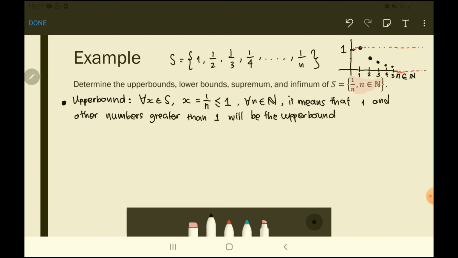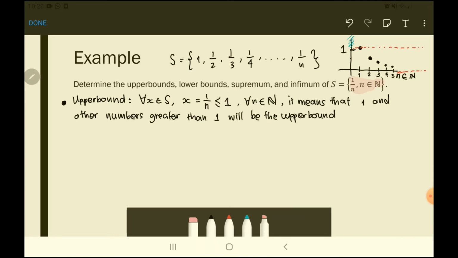If you look again at the graph, the visualization there, any value in the blue shade will be the upper bound, because those values become the boundary at the upper level.